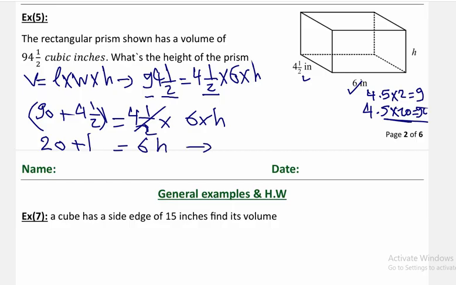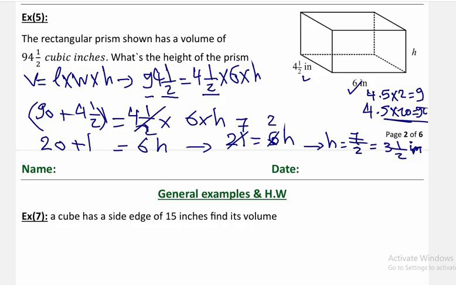So you have 21 equals 6h. Both 6 and 21 are multiples of 3, then divide by 3, we have 7 and 2. Then h equals 7 halves. 7 halves is 3 and a half. Inches or meters? Inches. 3.5 inches. Okay? So don't get confused with the numbers, just relax and make it simple.